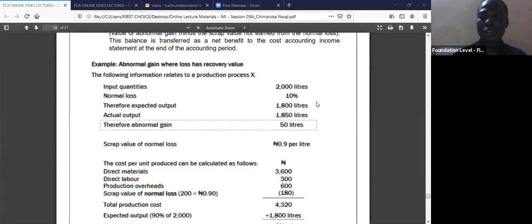We have an abnormal gain when our actual output is more than our expected output. But now we said our scrap value of loss is 0.9 per liter. So these 200 losses we make, we are going to be recovering them at 0.9.